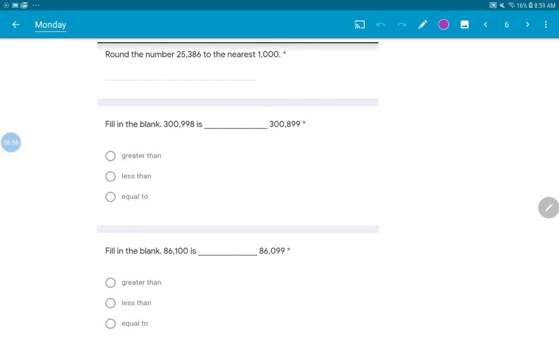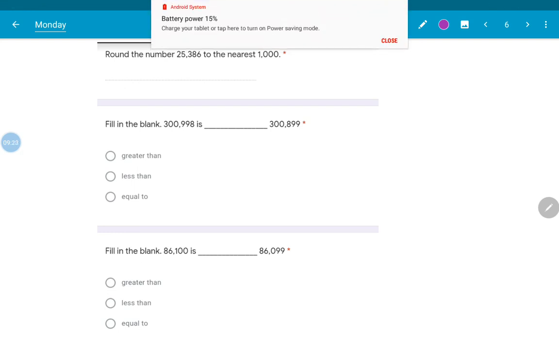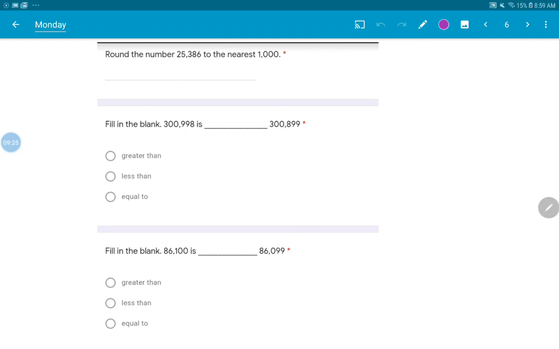All right. Round the number 25,386 to the nearest thousand. How am I going to do that, Christopher? If you want to round it to the nearest thousand, you have to go to the thousands place. Okay, I'm looking at the 5. Let me write my number a little bigger over here. 25,386.